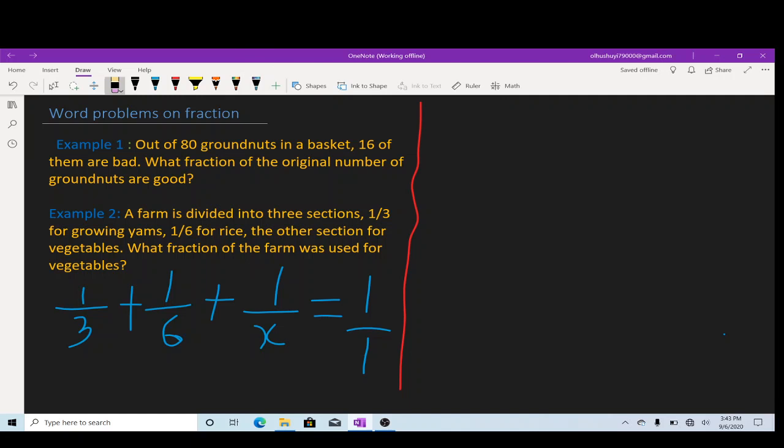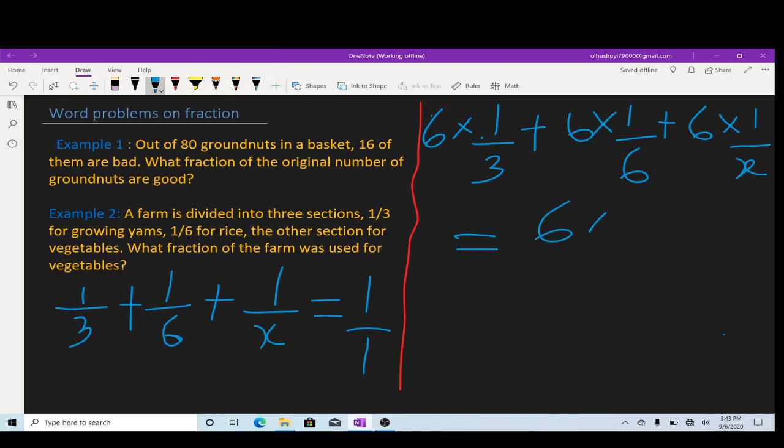Multiply through by 6. So you have 6 times 1/3 plus 6 times 1/6 plus 6 times 1/x, and that is equal to 6 times 1/1.